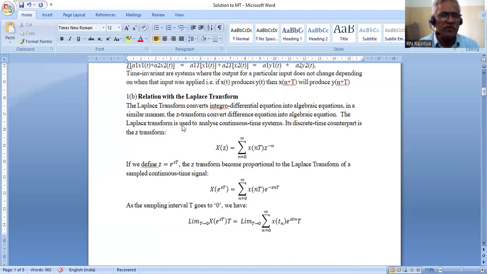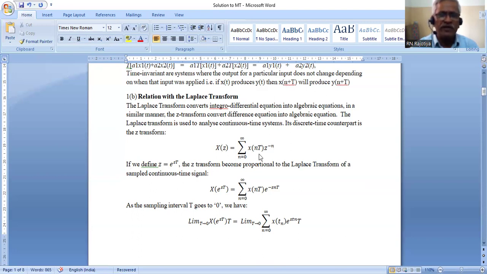The Laplace transform is used to analyze continuous time systems, whereas the discrete time counterparts are analyzed using the Z transform. We know from our discussion in the class that X(z) for the discrete time system can be written as the summation of n from 0 to infinity of x(nT) z to the power of minus n.